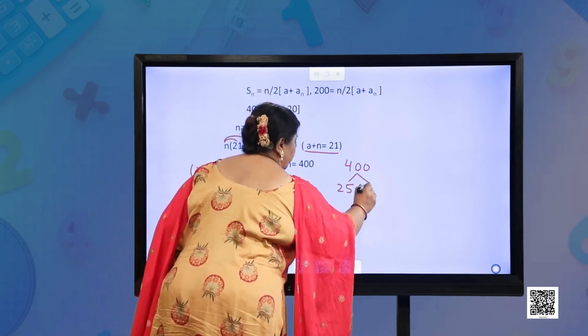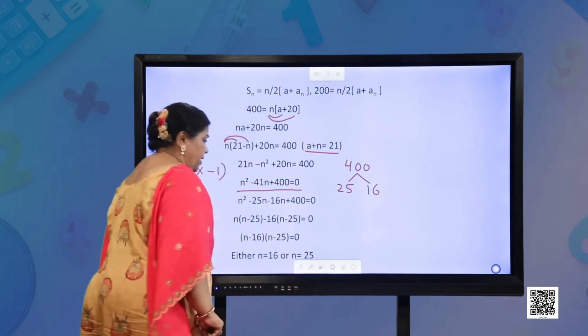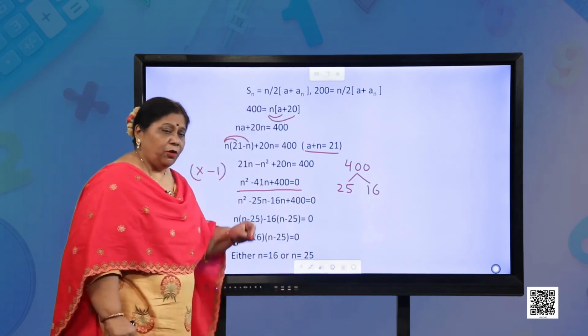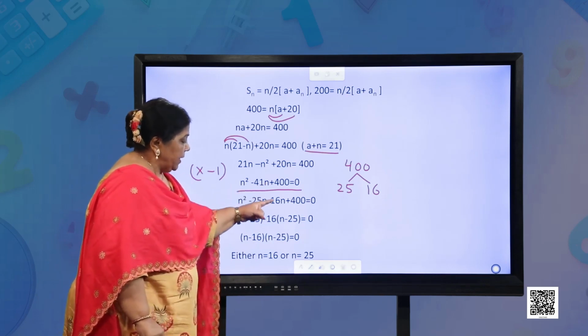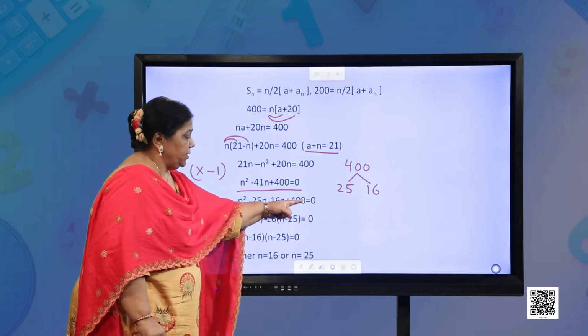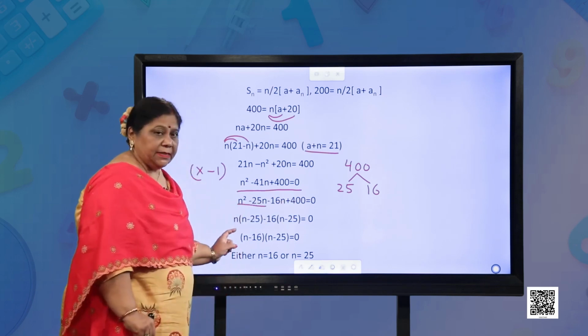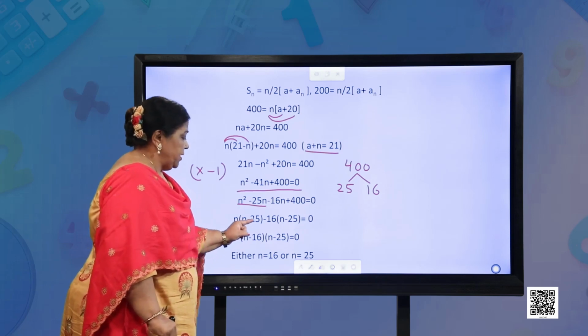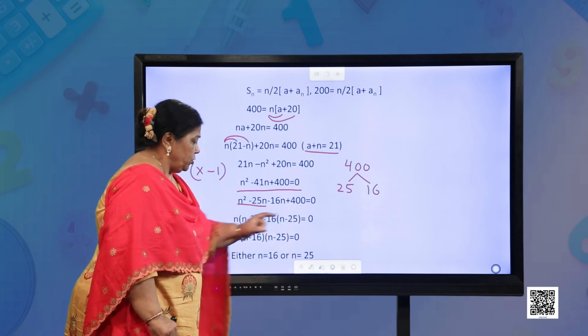So, we have selected 25 and 16. You see, if I add I get 41 and if I multiply I should get 400. So, n square minus 25n minus 16n plus 400 is equal to 0. What is common in the first two terms? Obviously n. n into n minus 25 minus 16 into n minus 25 is equal to 0.